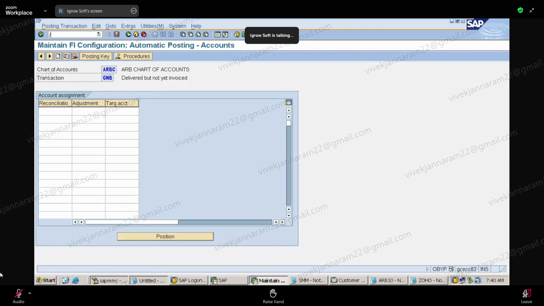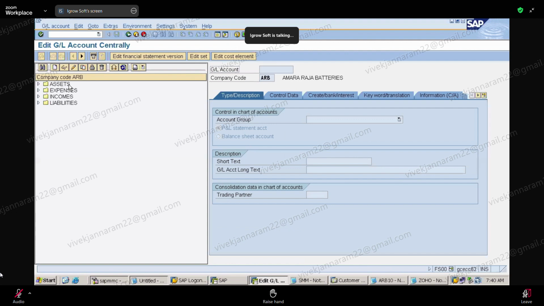So you go like this. You are talking about step number 11, no? Yes, correct. I do step number 11, but there we are assigning the field status group in FS00. Okay, so you are talking about FS00. Your company code is ZAPL.